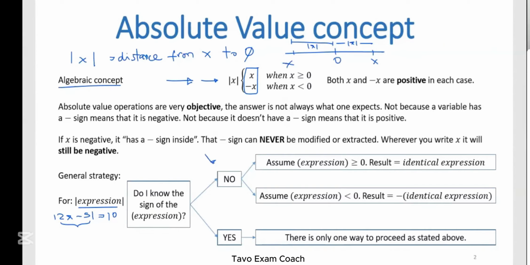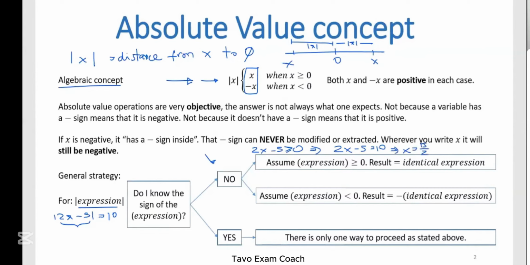We have to assume that when the expression 2x minus 5 is greater than or equal to 0, then the absolute value of that expression would be simply the same expression. So the original equation would be 2x minus 5 equals 10. And from this, you know the value of x would be 15 over 2.